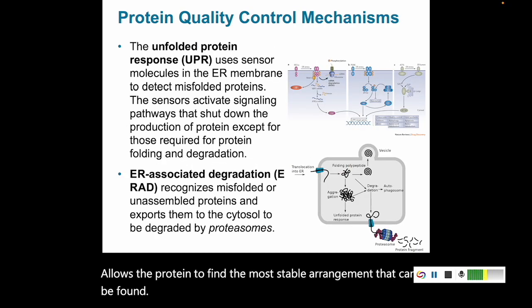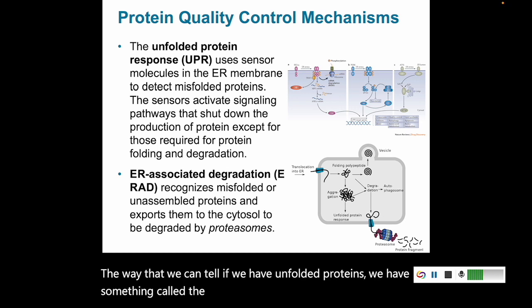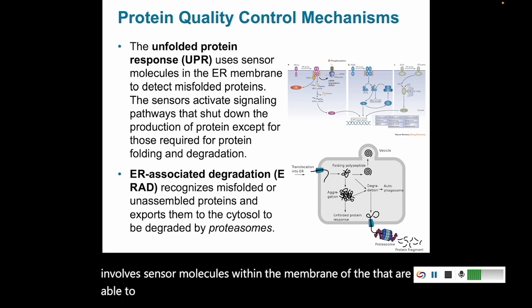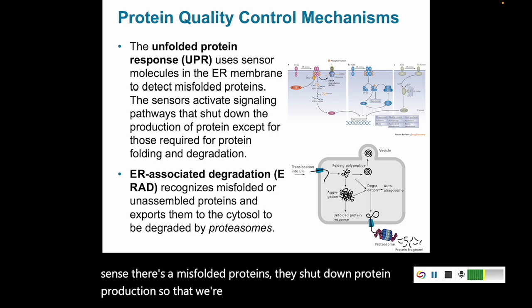The way that we can tell if we have unfolded proteins is something called the unfolded protein response, or the UPR. This involves sensor molecules within the membrane of the ER that are able to sense when there are misfolded proteins. And when they sense there's misfolded proteins, they shut down protein production so that we're not going to keep making badly folded proteins.